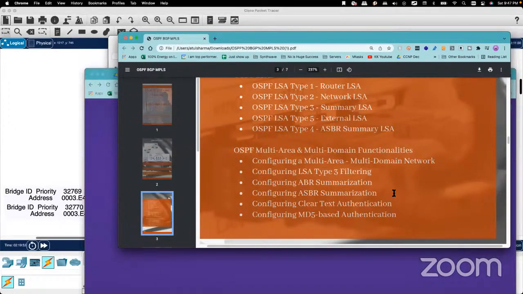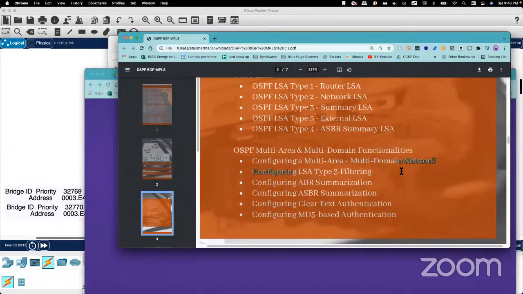Okay, thank you. If you check the latest CCNA syllabus, they do not have the multi-area topic. But yes, we do cover it in CCNA, and we will elaborate and see how to configure multi-area.